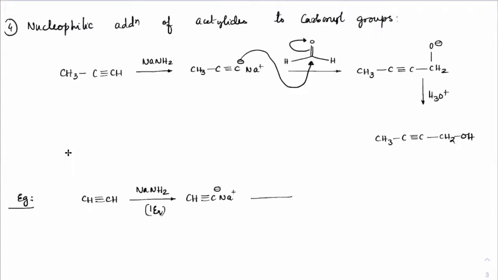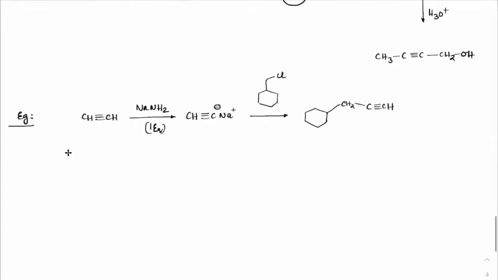That, if we treat with cyclohexyl methyl chloride, then on this CH2 we would get a combination with C triple bond CH. This is what is going to get formed. Again, from here, if we use NaNH2 of one equivalent, we will get CH2 C triple bond C minus.